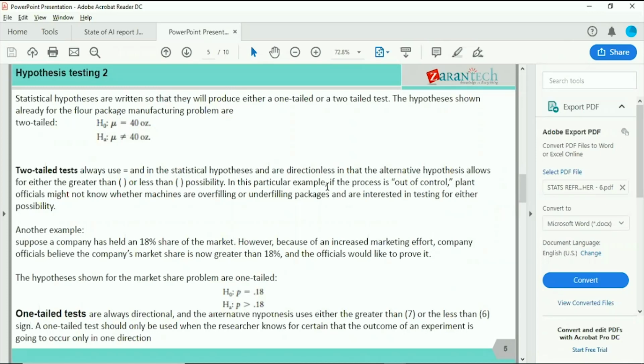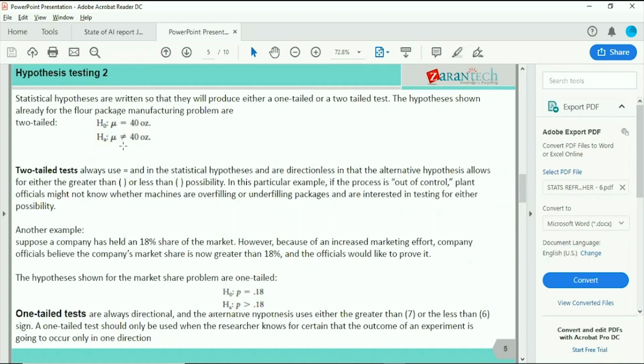In this particular example, if the process is out of control, plant officials might not know whether their machines are overfilling or underfilling packages, right? If through my experiment I find out that it is not equal to 40, even after finding this, the business guys will not understand whether I need to get a bigger bag or a smaller bag.